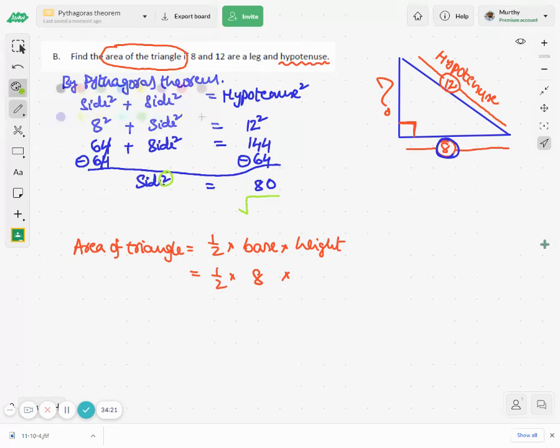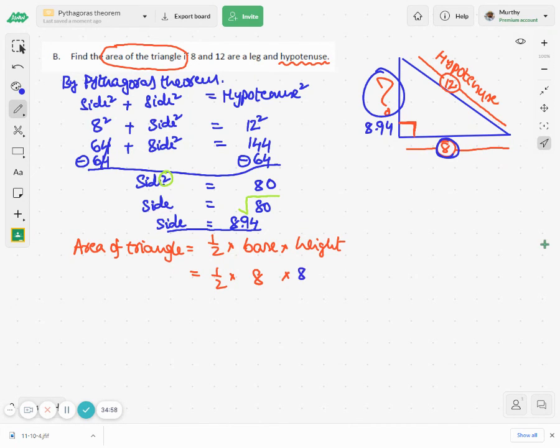Therefore, side equals square root of 80. So let me grab my calculator, and what's the value of square root of 80? You also can compute. That gives me 8.944. So the side is 8.94. I'm taking only 2 digits after the decimal. So the missing side, I found, is 8.94.